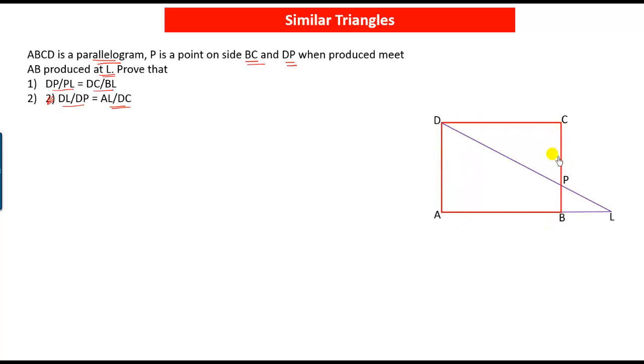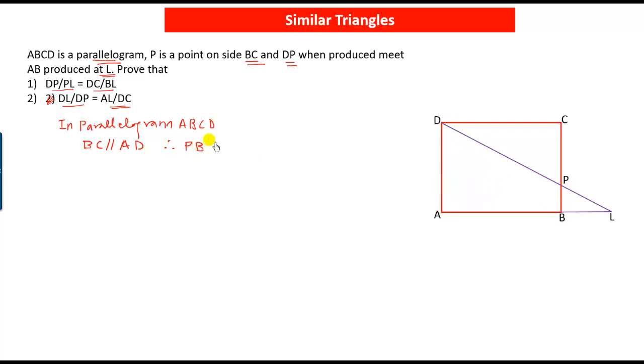It means its opposite sides are parallel and equal. Now here BC is parallel to AD. It means PB is also parallel to AD. So given ABCD is a parallelogram, BC is parallel to AD, and therefore BP is also parallel to AD.